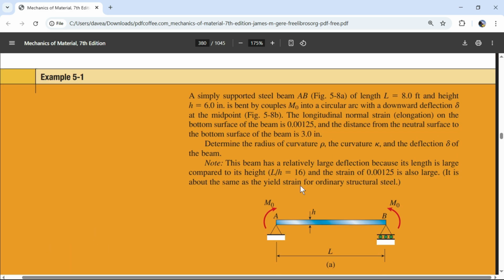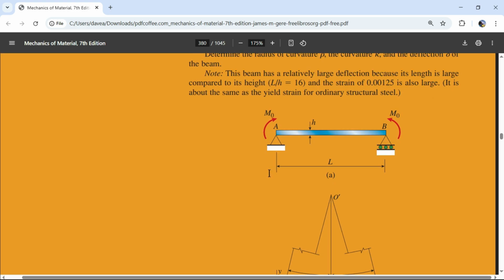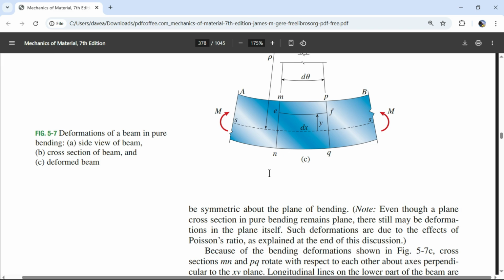Maybe that's what they're asking too, the deflection delta of the beam. What are they considering the deflection? I would consider the deflection point A to point B, and then just this distance drop.